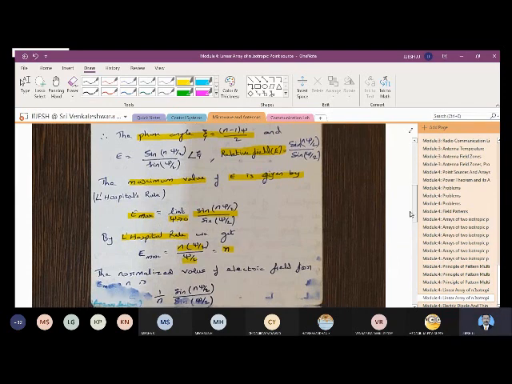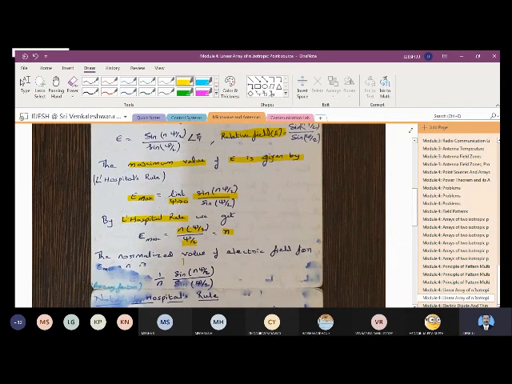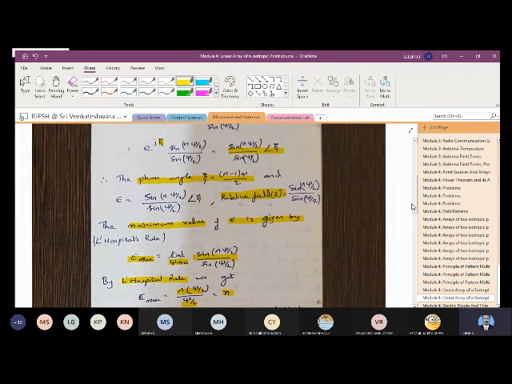So the normalized value of electric field, first we complete it, then I will discuss L'Hospital's rule, and then we will go ahead with that. So we understood that the maximum value can be found when you take E maximum, and the maximum value is n psi by 2 by sine psi by 2, which will be n.